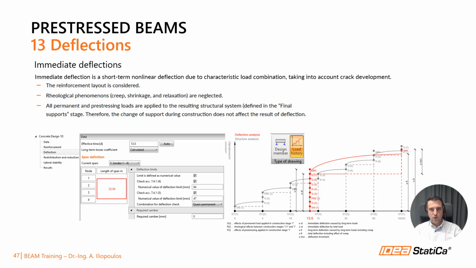It's important to note that all loads are applied to the resulting structural system defined in the final supports stage. So the difference lies in the stage considered and in the load combination applied, whether it's quasi-permanent or characteristic, as you can see described on the slide.